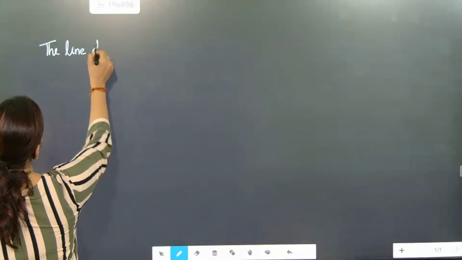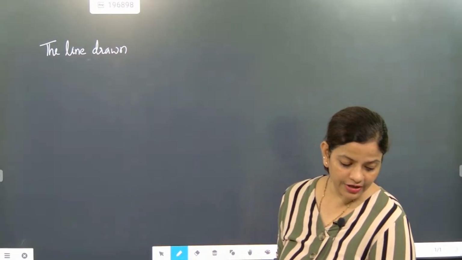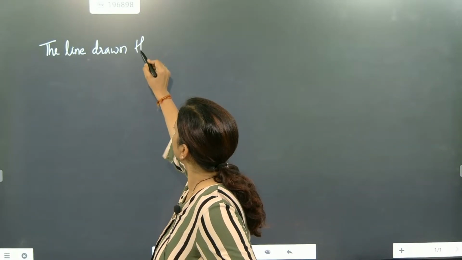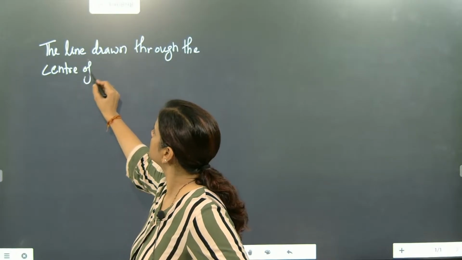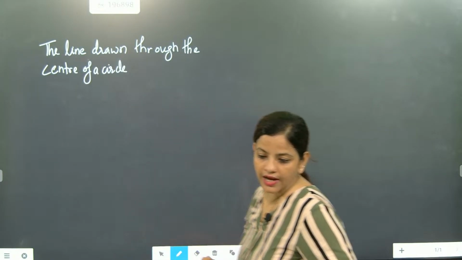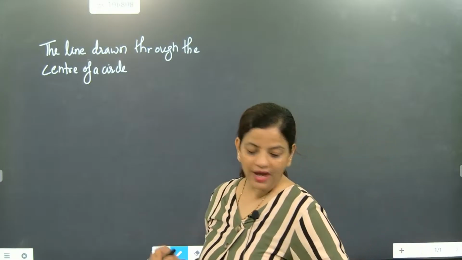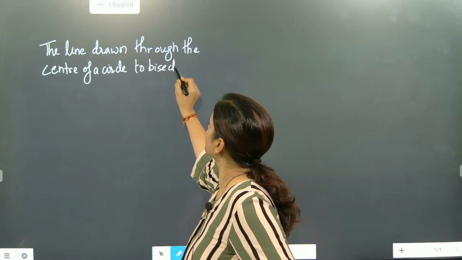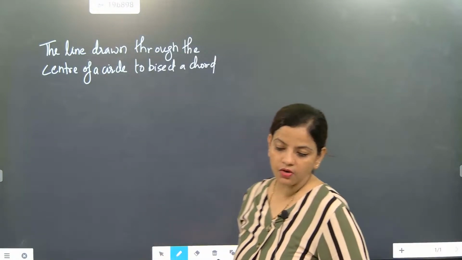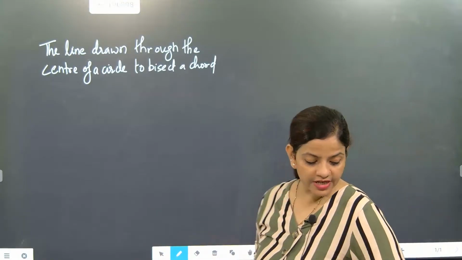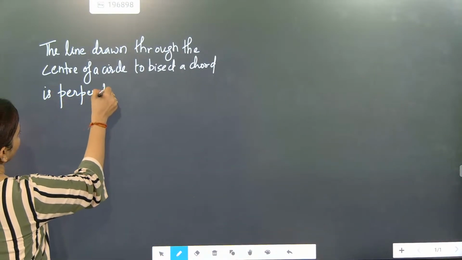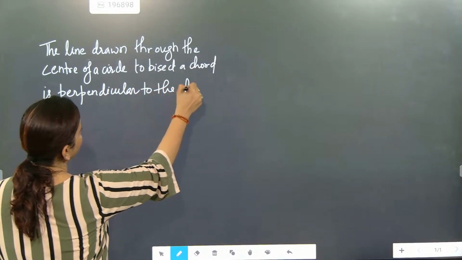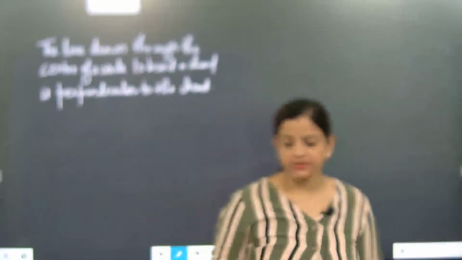Note down, this is the next theorem: the line drawn through the center of a circle to bisect a chord is perpendicular to the chord. So here we are just doing the reverse part.